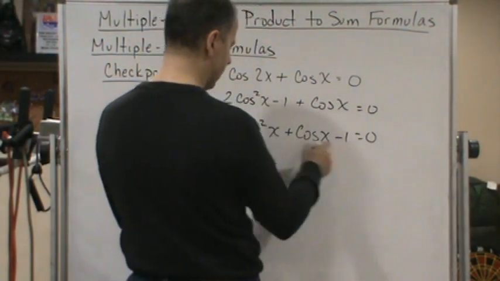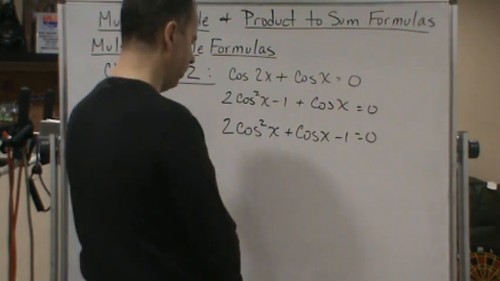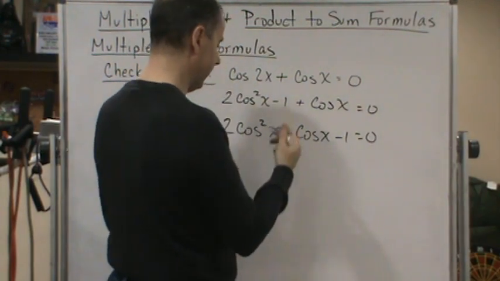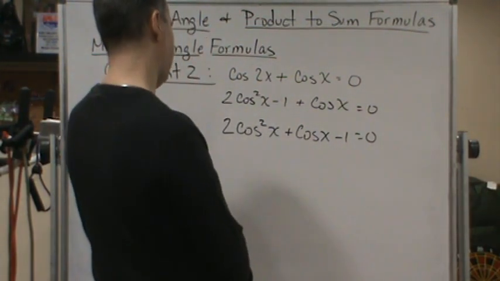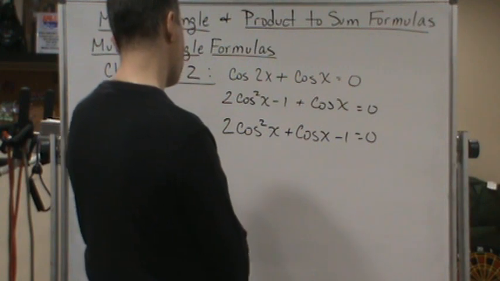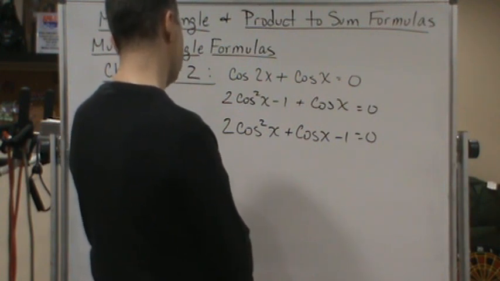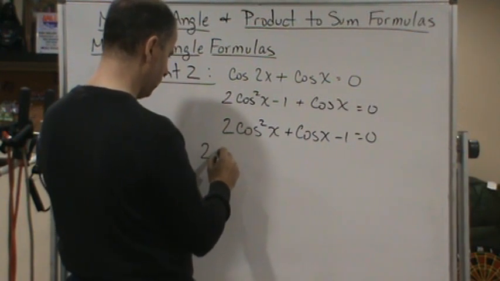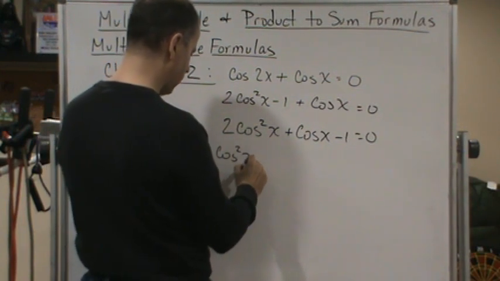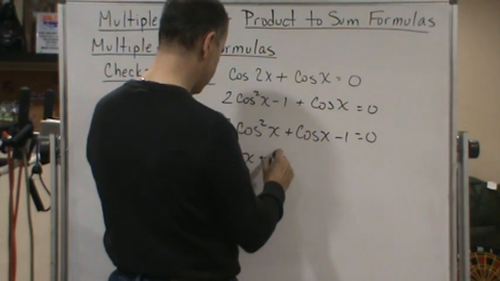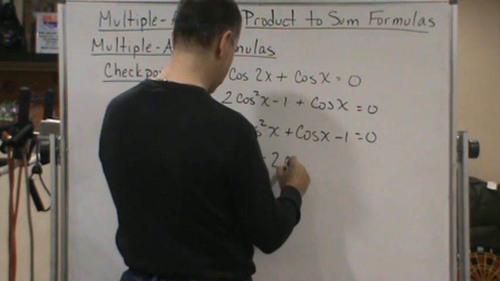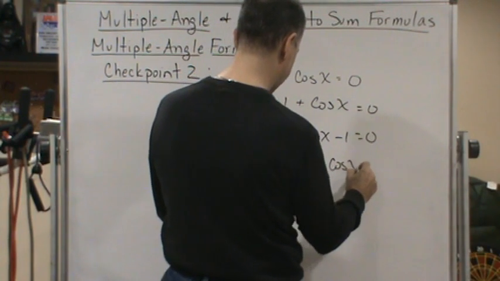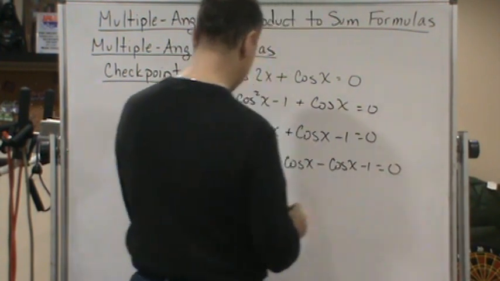Because if I take negative 1 times 2, that gives me negative 2. So what factors of negative 2 will give me 1 here? That's going to be negative 1 and 2. So now I can rewrite this as 2 cosine squared x plus 2 cosine x minus cosine x minus 1 equals 0.